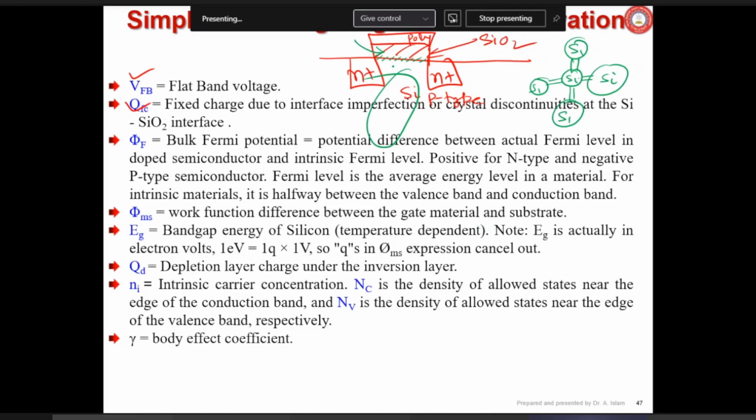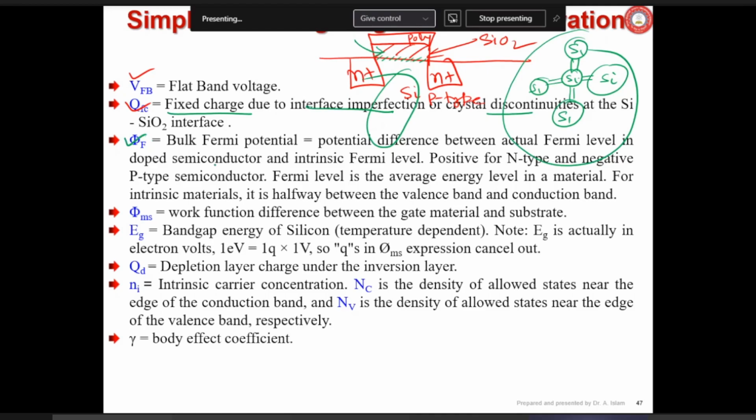So here, exactly the same kind of bond will not be there. Some unsatisfied bond, or imperfection, or discontinuities may be there in this crystal structure at this interface. Do you agree or not? It may happen, and because of that, you'll have the fixed charge QFC.